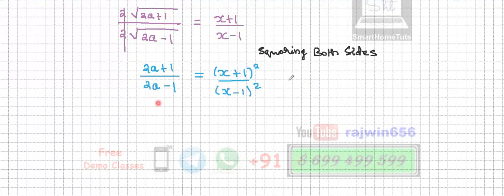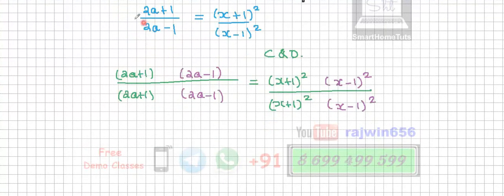There are two methods by which we can continue further. Either you can do cross multiplication, or what we can do is again we will apply componendo and dividendo. I'm doing with this method. Again we are applying componendo and dividendo. So to these terms I have again applied componendo and dividendo. So I'm writing the numerator part first, and then 2a minus 1, this is the denominator part.